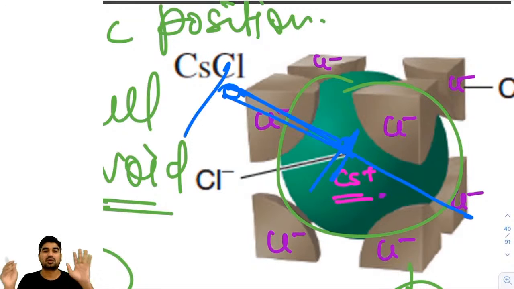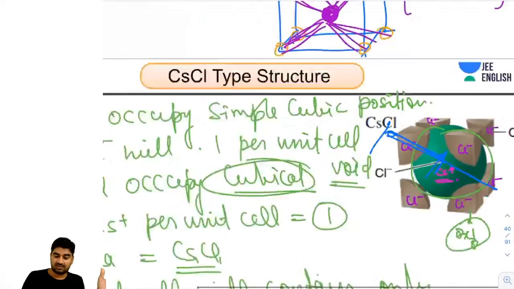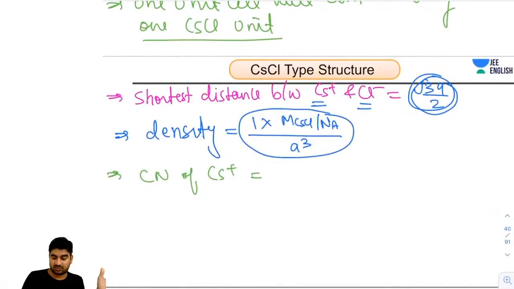These are 8 chlorides guys. Right? So it is in contact with 8 chlorides. Yes, you are right. Coordination number of cesium will be 8.